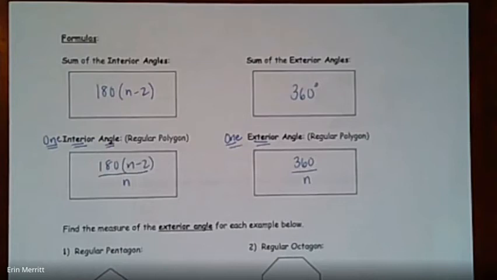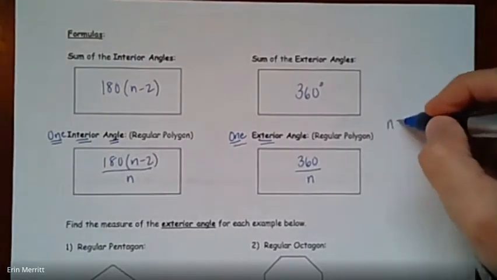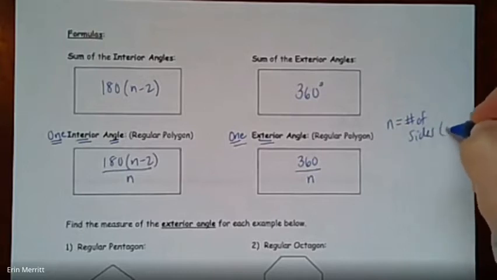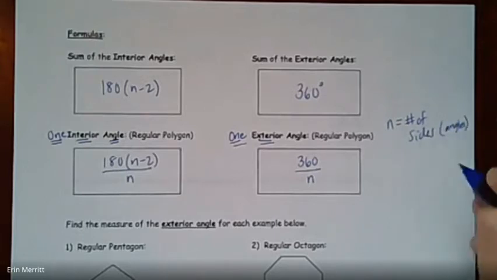And then this newest one, the sum of the exterior angles, it's 360, no matter how many sides there are. To get one single exterior angle, if it's a regular polygon, just take 360 and divide it by n. For all of those, n represents the number of sides, which is also the same thing as the number of angles in the picture.